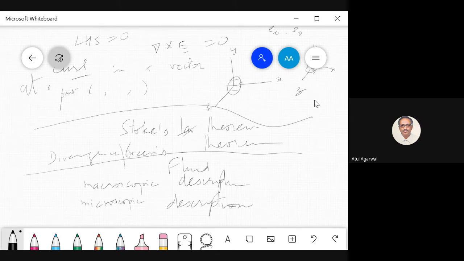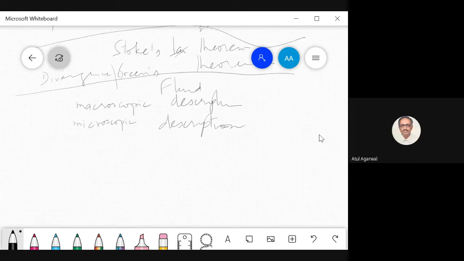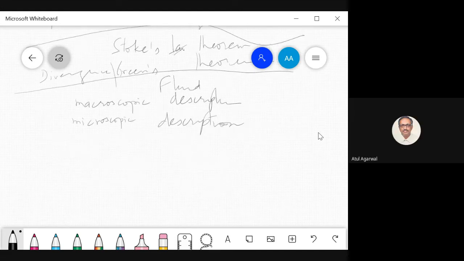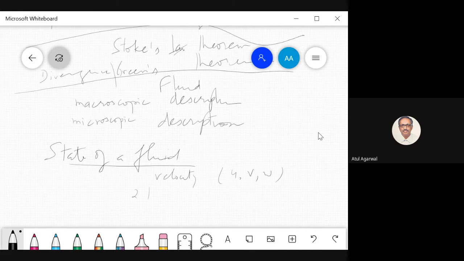Is it all right? Yes, sir. And how do you define the state of a fluid? So you need the velocity. Velocity components are three, we call them u, v, w. Then you need two thermodynamic properties.